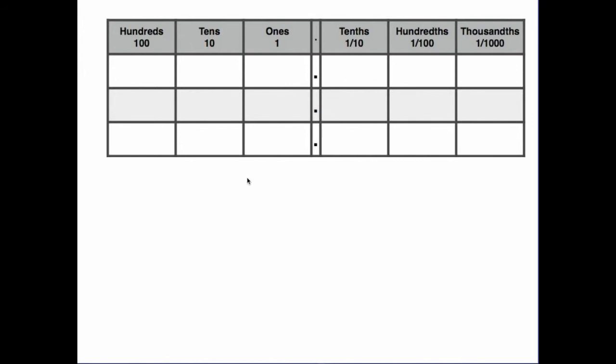So if it says 3 copies, what's another way of saying that? 3 times. 3 times 4 and 65 hundredths. So I put my number in my table. And it's going to all be times 3, right?